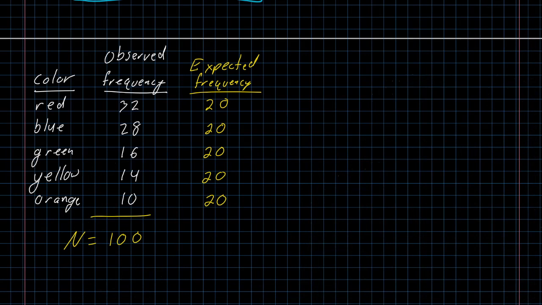Now, my formula didn't just have the observed frequency and the expected frequency. It had other categories. It was the observed minus the expected. So 32 minus 20 is 12. 28 minus 20 is 8. Negative 4, negative 6, and negative 10.